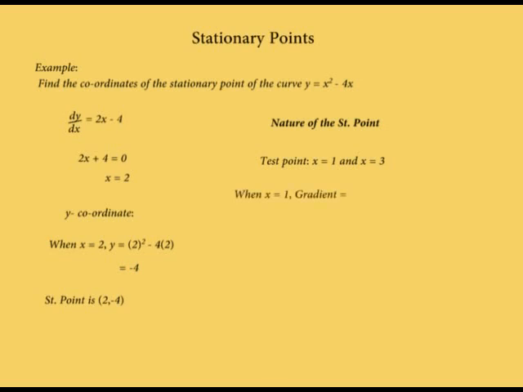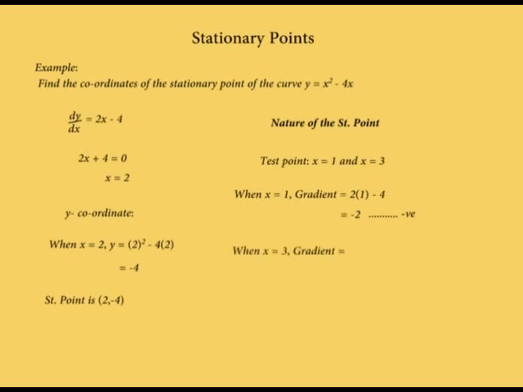For x is equal to 1, we have dy over dx is equal to 2x minus 4. When x is 1, gradient will be 2 times 1 minus 4, and that is minus 2. The gradient to the left is negative. Gradient at the stationary point, that is x is equal to 2, is 0.